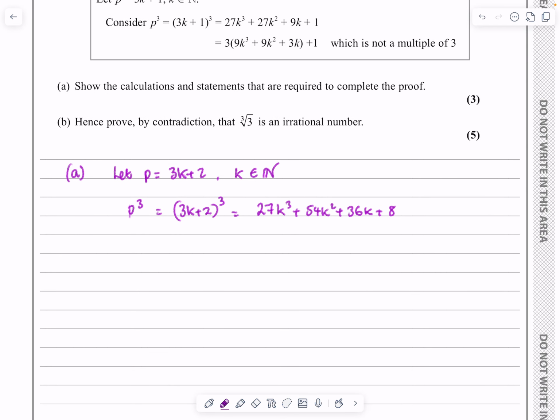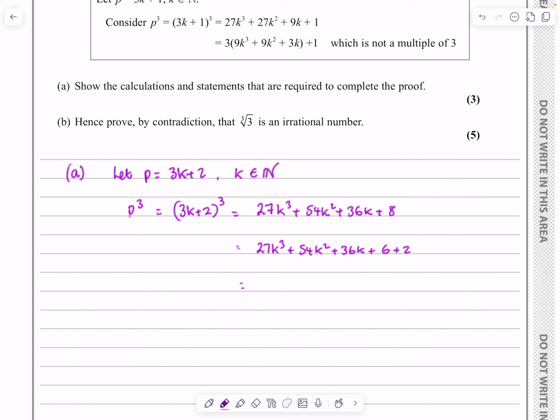Then I'm sorted. So we just need a little bit of tidying up of this last term here. All the other terms are multiples of 3. So that's a multiple of 3, that's a multiple of 3, that's a multiple of 3. And I'm going to break the 8 down into 6 plus 2, because then I can factorize and take 3 out of all that part.